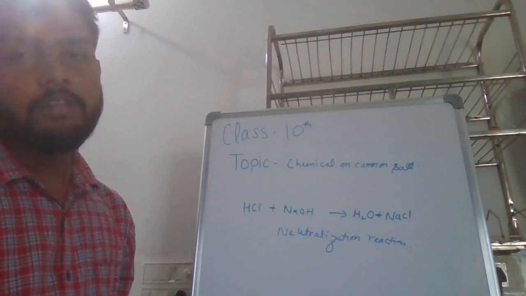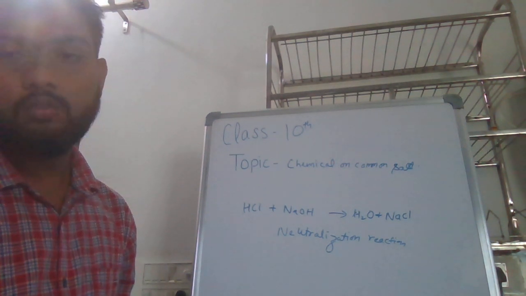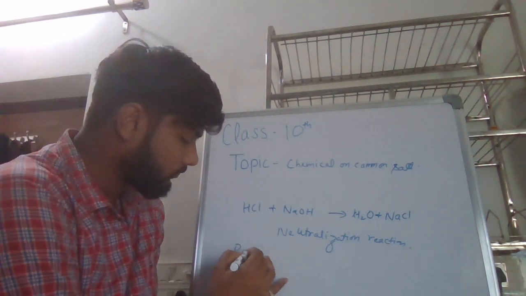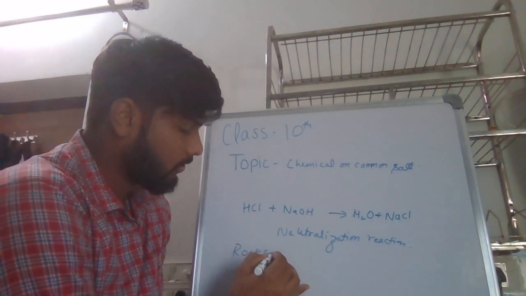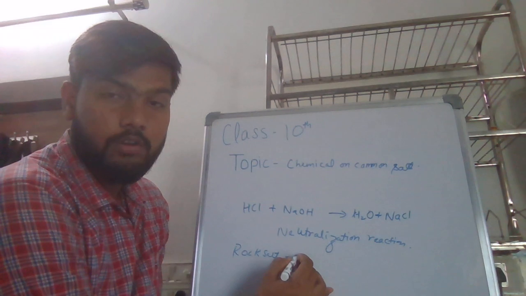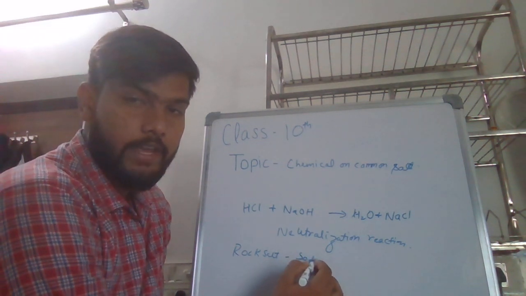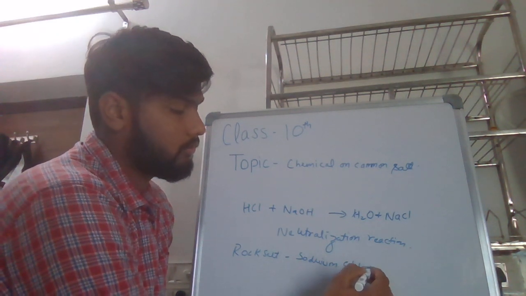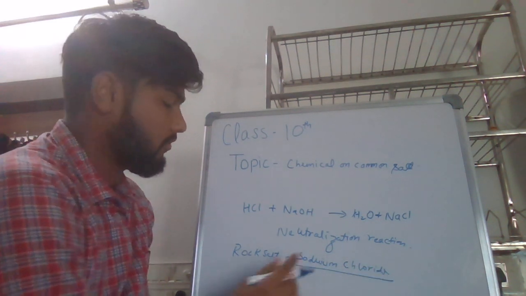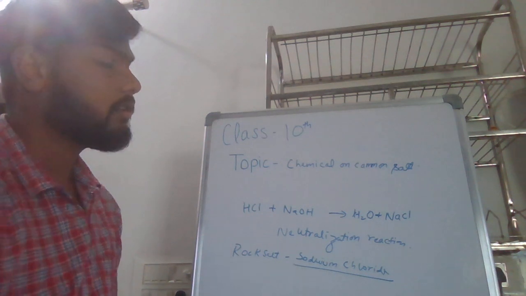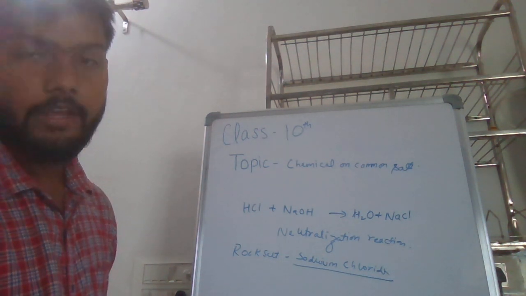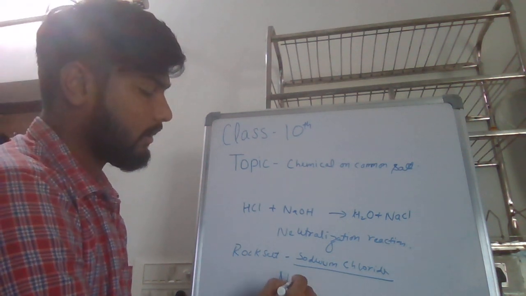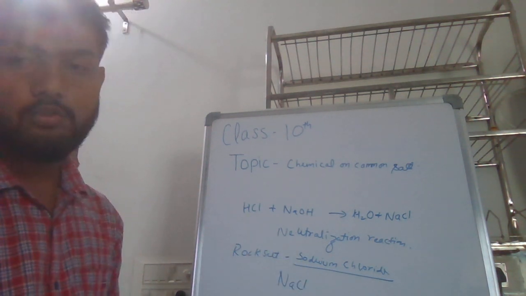The chemical name of rock salt is sodium chloride, and its formula is NaCl.